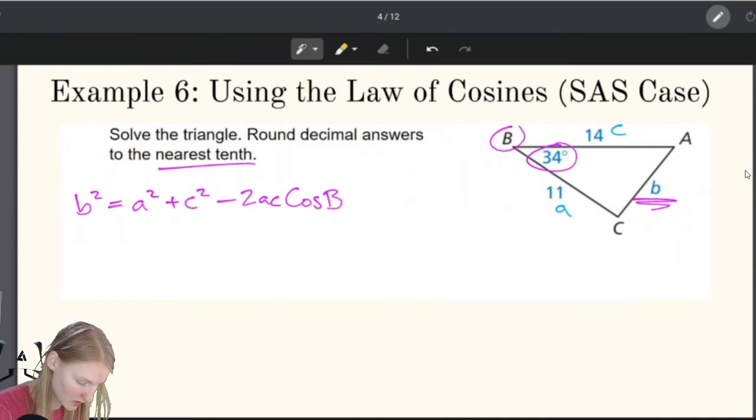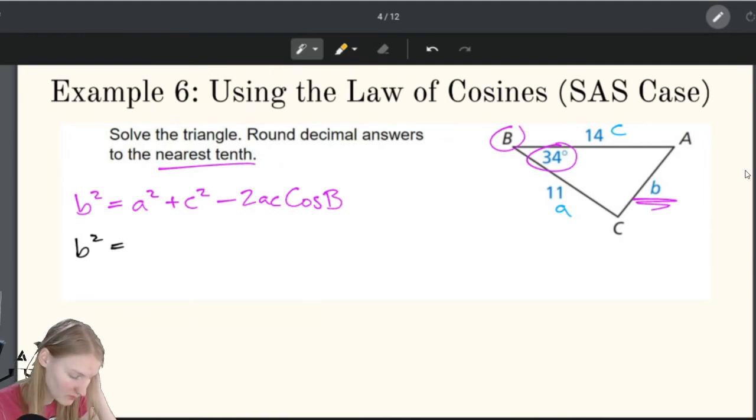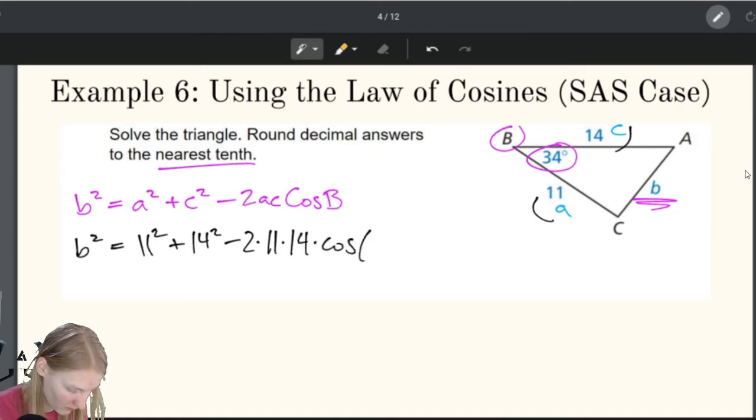So now, when we plug numbers in here, we have b squared, because we don't know what b is, equals a squared, a is 11 right here, plus c squared, 14 squared, minus 2 times a times c times cosine of B, which is 34 degrees.